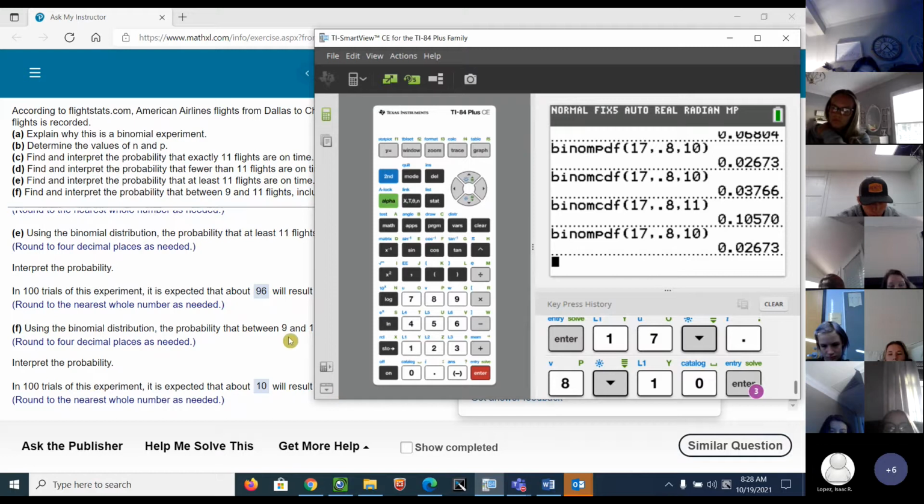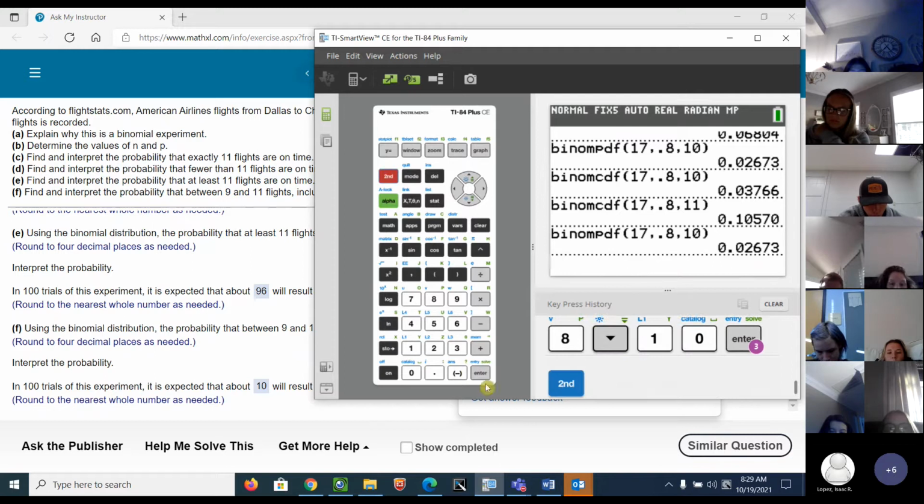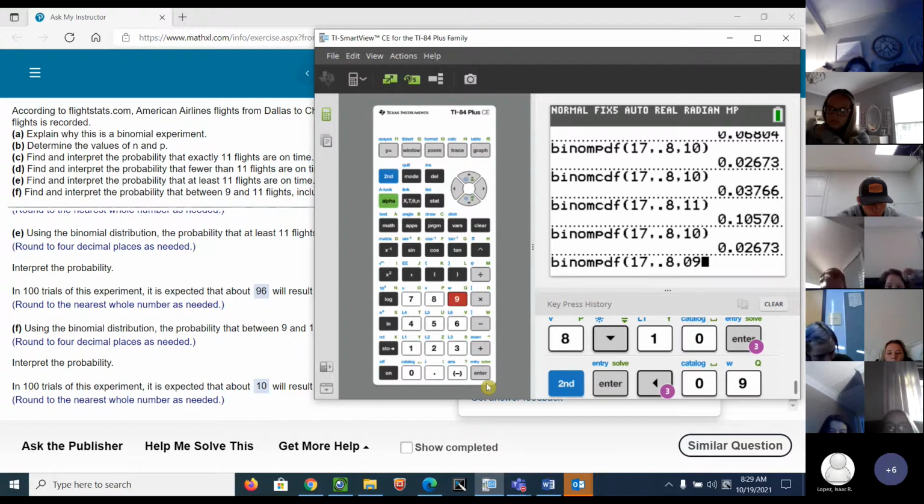I think they're including 9 and 11, but they're not supposed to because it says between 9 and 11. I agree with my 0.0267, but evidently they are including 9 and 11, but you would have to add all three of them up. So I'm going to see if that's what they're doing. I don't agree with it. 0.0267, that's for 10. 9 is going to be second enter, 9, enter.